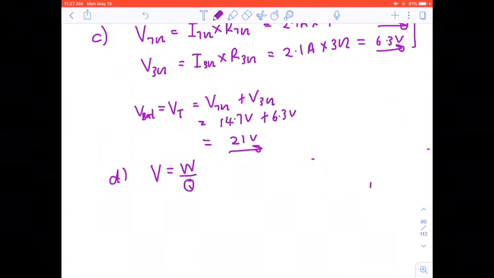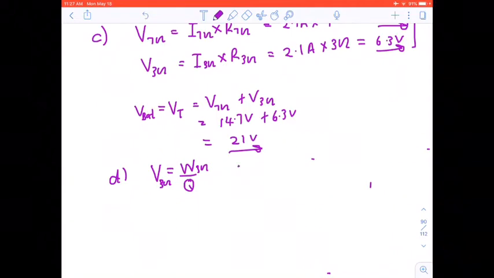Let's say we want to know the work done in the 3 ohm resistor.